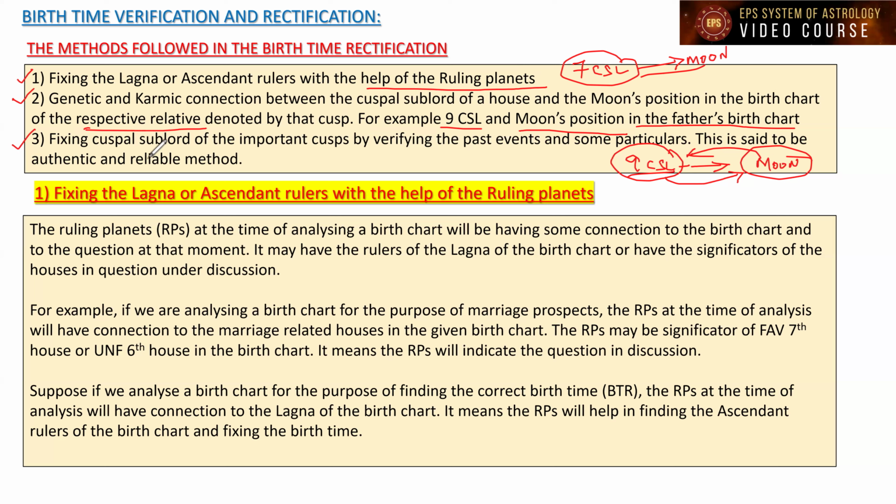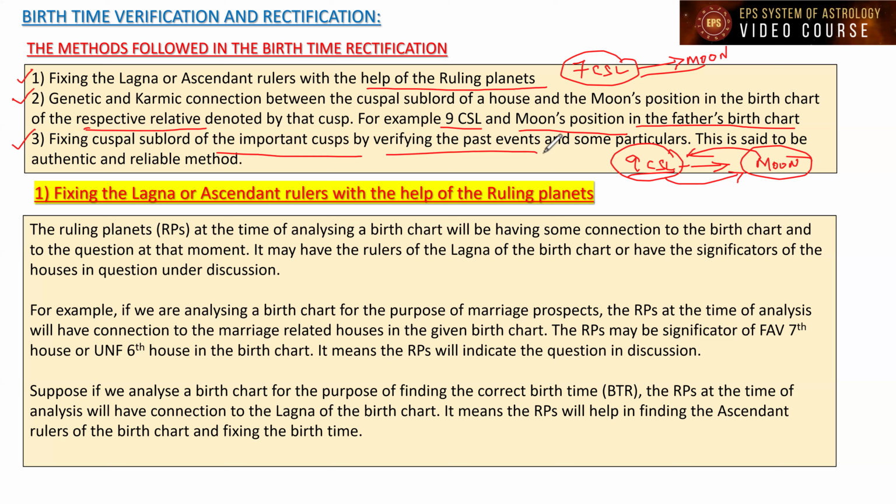The third one is fixing the cuspal sublord of the important cusps by verifying past events and some particulars. As we discussed in the previous video, we covered the necessity of verifying the birth time and the importance of the cuspal sublord of the primary houses, which have an impact on significations, key planets, timing of events, and destiny. We had a brief discussion in the previous video.